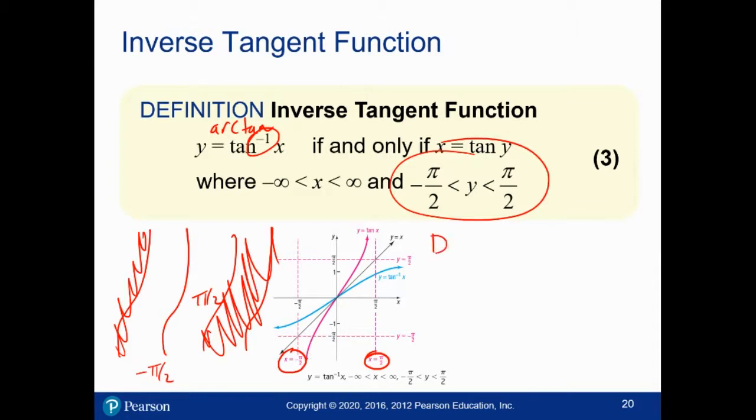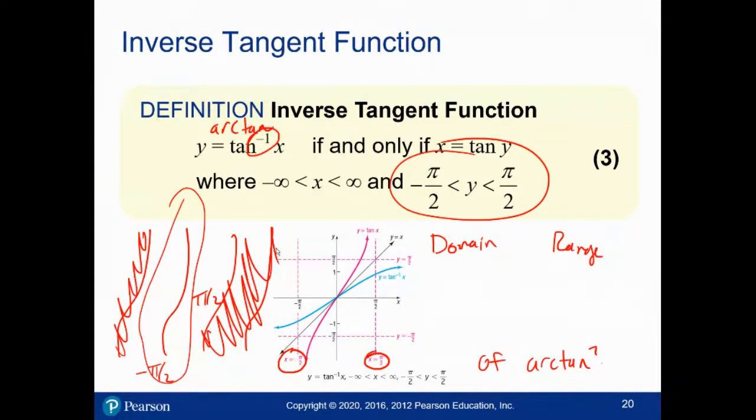Okay, so let's ask again, what's the domain and range of the arctangent function? So the domain of arctangent will be the range of the thing it's inverting. So what is the range of one full branch of the tangent function? One full branch of the tangent function goes all the way between plus or minus infinity. It's got the negative vertical asymptote on the left and the positive vertical asymptote on the right. It fills everything in.